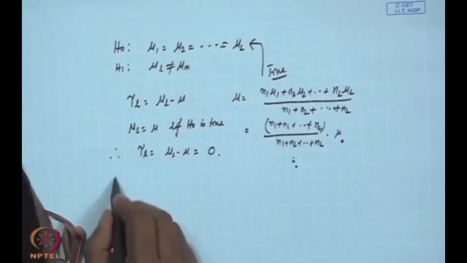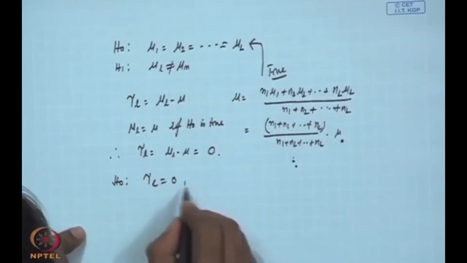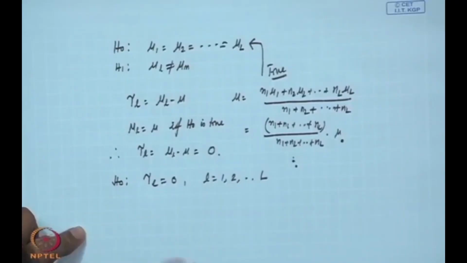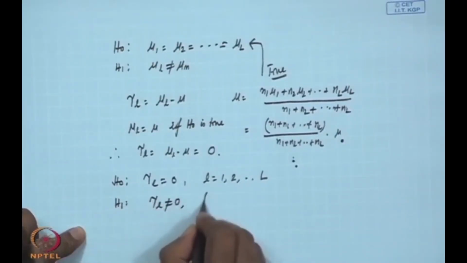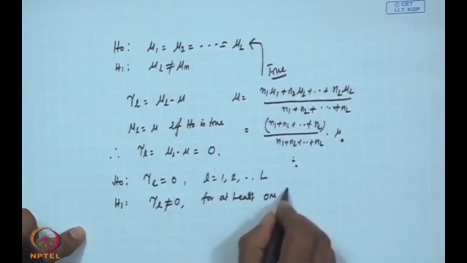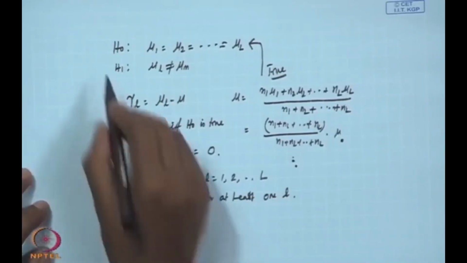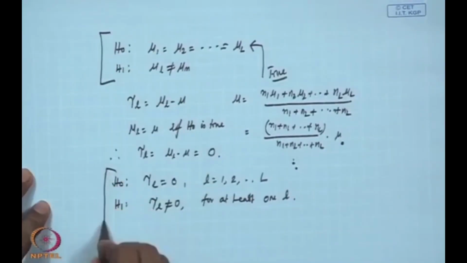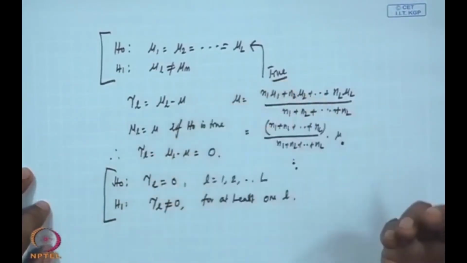That means we can create the null hypothesis like this: tau L equal to 0, L equal to 1 to capital L, and your alternate hypothesis will be tau L not equal to 0 for at least 1 L. So, if you test this hypothesis in terms of mu and the other hypothesis in terms of tau L, you are actually doing the same thing.